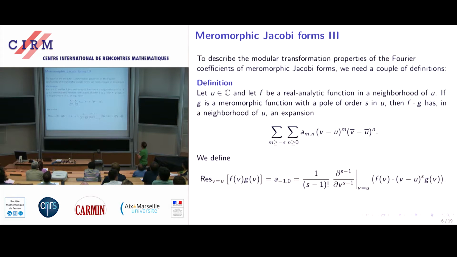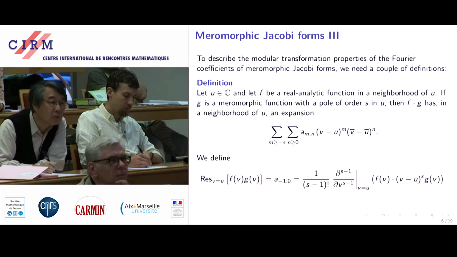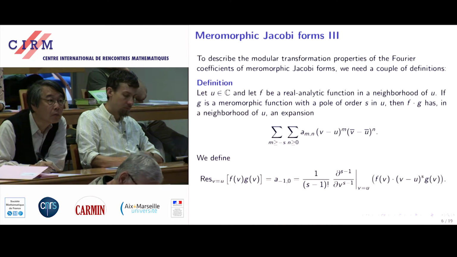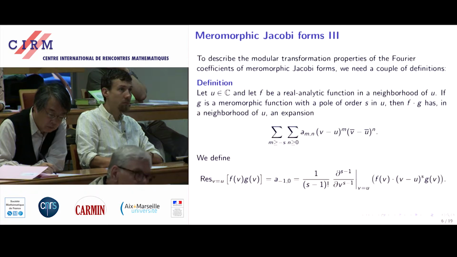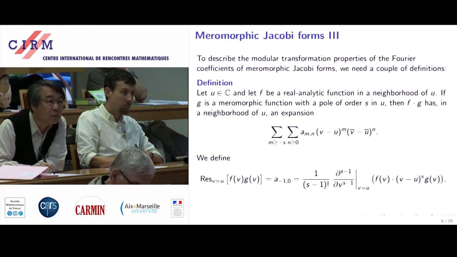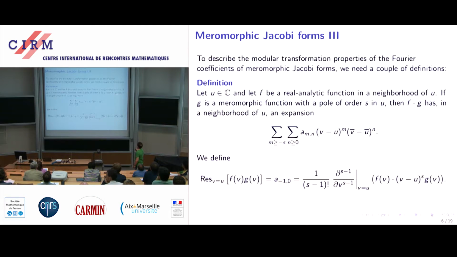So here, I have a real analytic function f, which doesn't have any singularities, and then I multiply it by a meromorphic function g, which is complex differentiable, but does have poles. And now you want to say what the residue is of the product f times g. Because of the conditions that I put on f and g, you have an expansion like this.